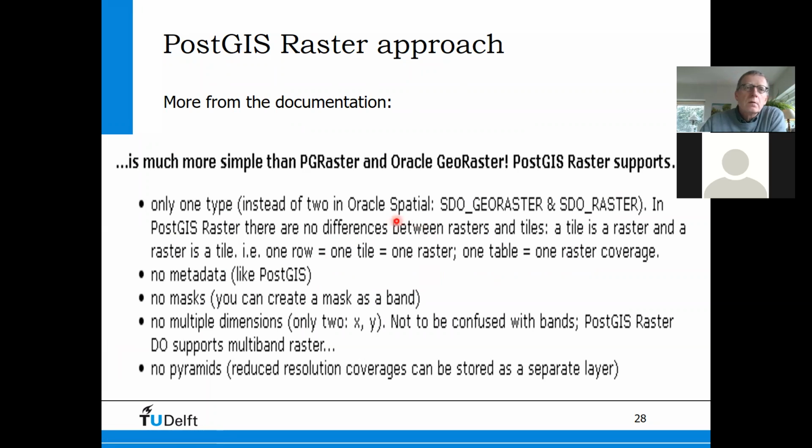And they continue, much simpler. And before the Postgres raster, there was also the PG raster solution for PostgreSQL. And so it's claimed to be simpler than both their old solution in Postgres and the solution in Oracle, and giving support for one data type.